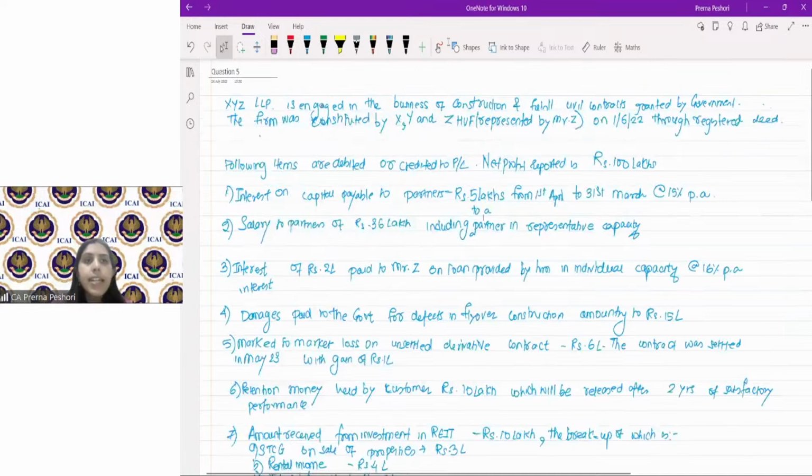So XYZ LLP is engaged in the business of construction and fulfilling the civil contracts granted by the government. The firm was constituted by X, Y and Z HUF on 1/6/2022 through the registered deed. Interest on capital payable to partners rupees 5 lakh from 1st April to 31st March at the rate of 15% per annum.